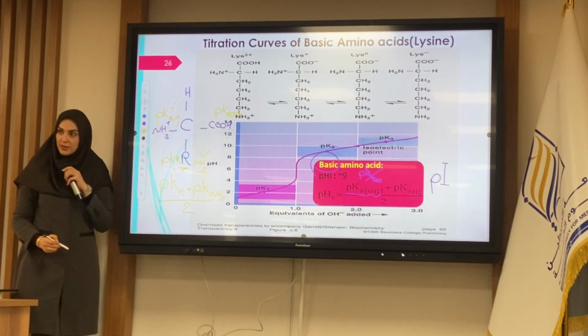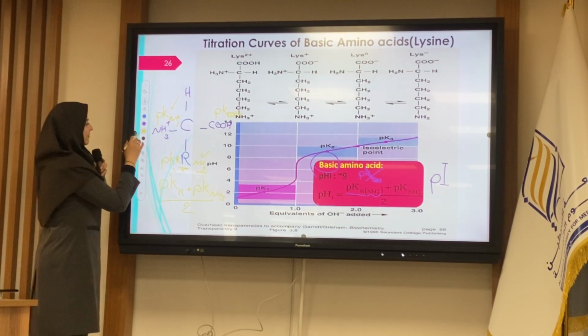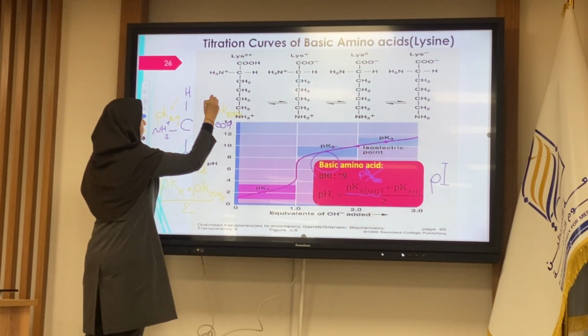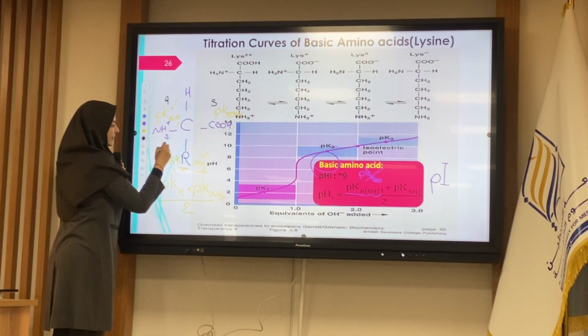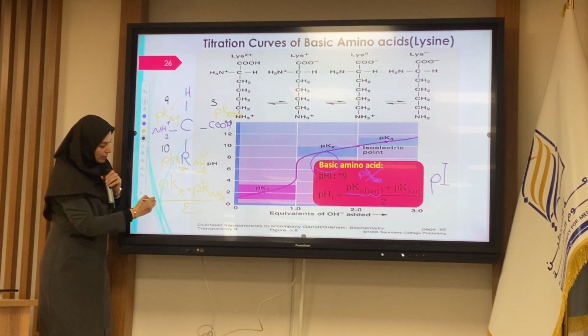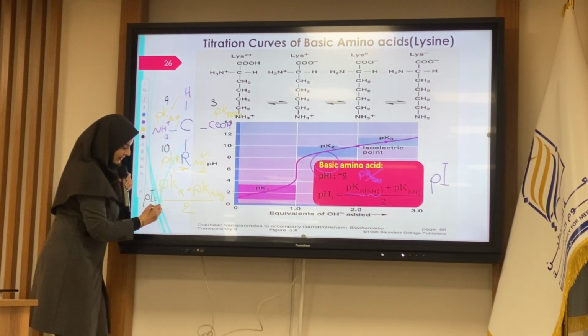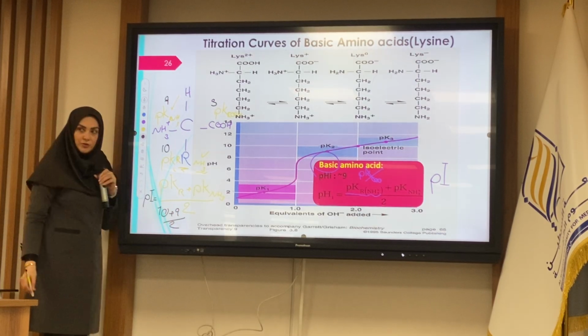Do you understand? For example, if this is an imaginary value, whenever this is 3, this is 9, and this is 10, how can I calculate the isoelectric pH of lysine, for example? 10 plus 9 divided by 2. Do you understand?